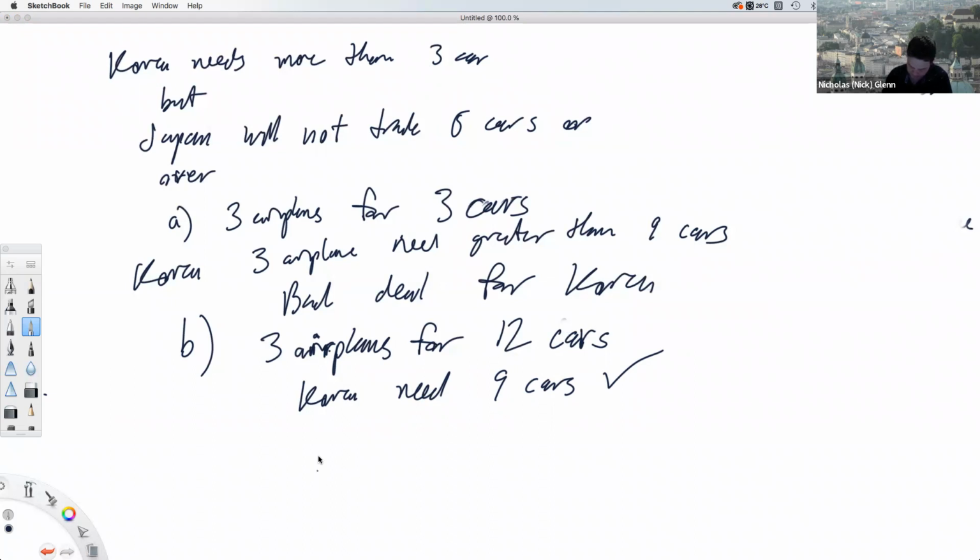What about Japan? For every 1 airplane, it needs to be actually less than... What did I got here? Okay, yeah, for 1 airplane, they need to give up less than 5 cars.